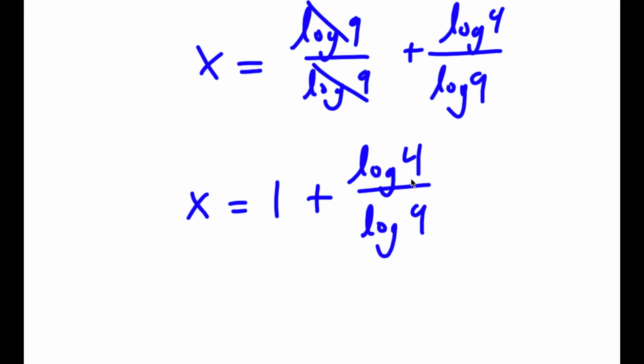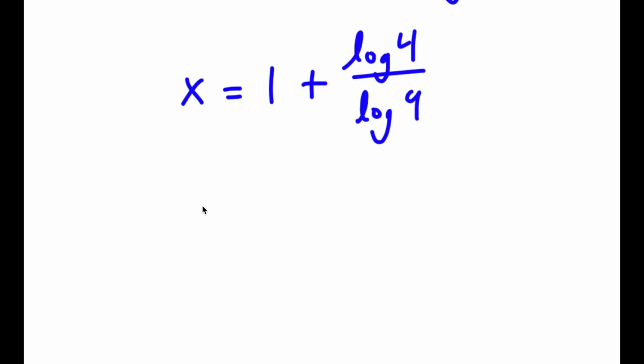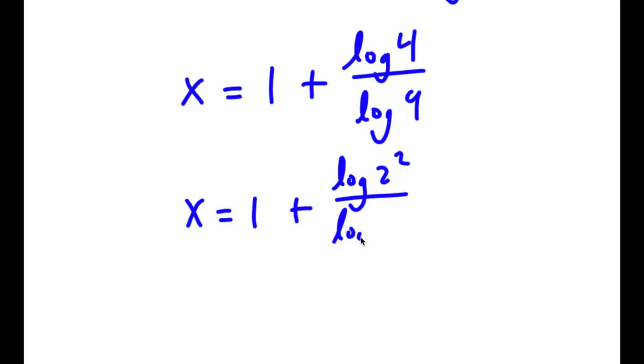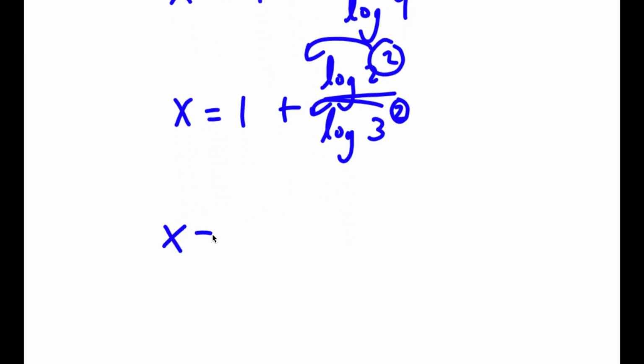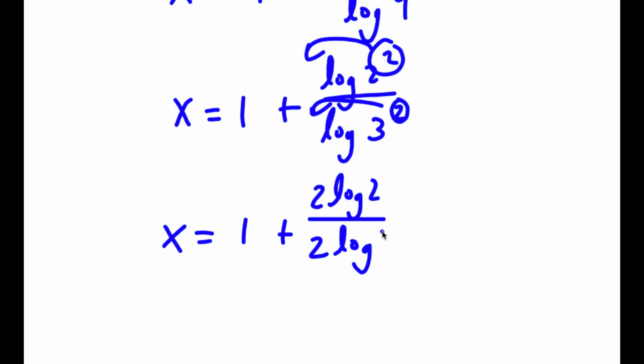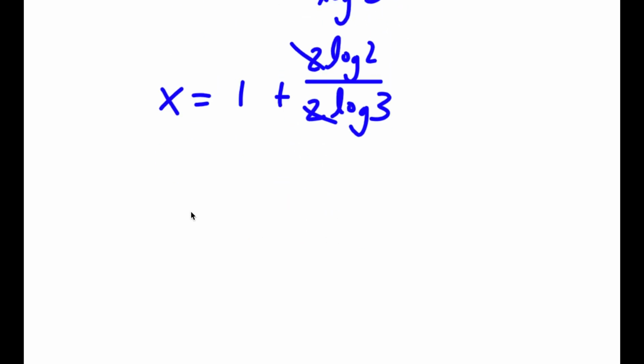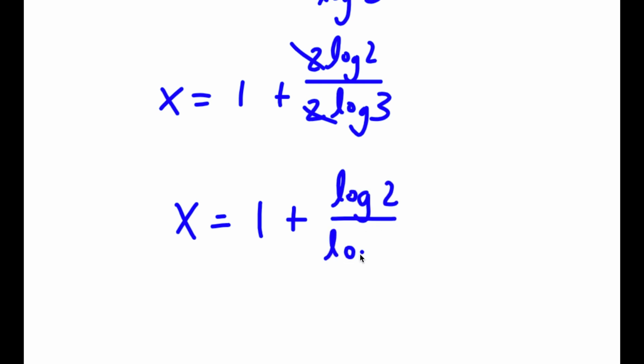And log 4 here, that's the same thing as log of 2 squared. For log 9, that's the same thing as log of 3 squared. So now I can move 2 to the front. So now I have x is equal to 1 plus 2 times log 2 over 2 times log 3. Now these two 2's cancel out, so now I have x is equal to 1 plus log of 2 over log 3.